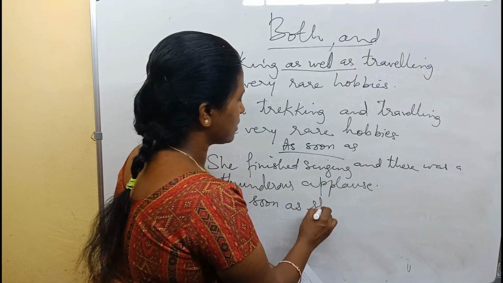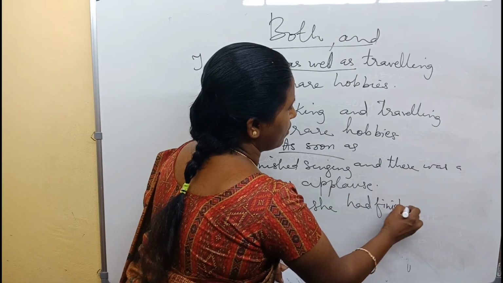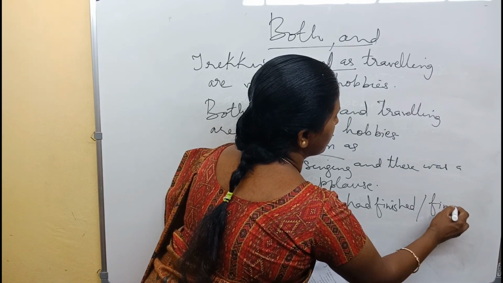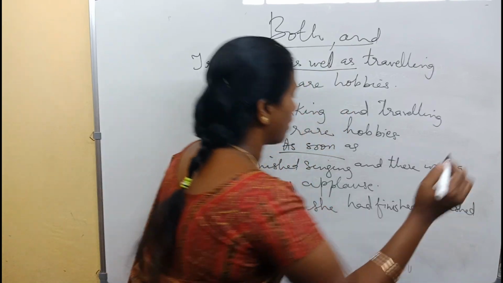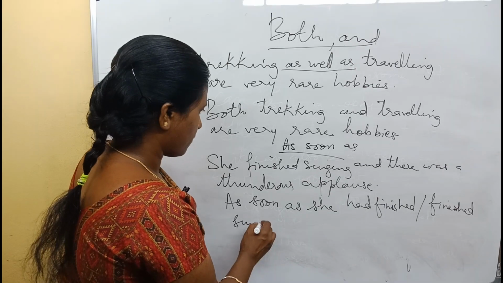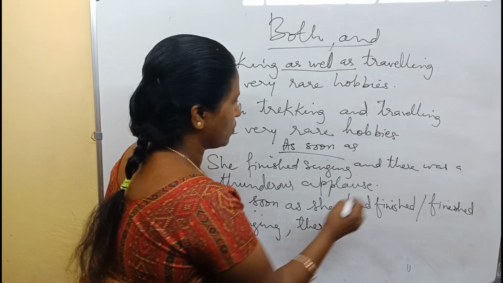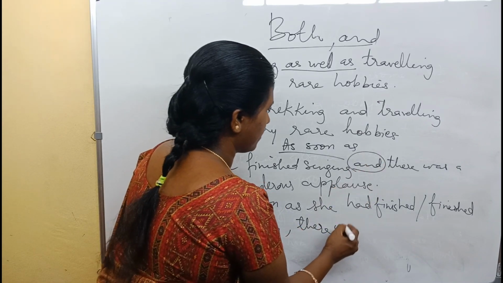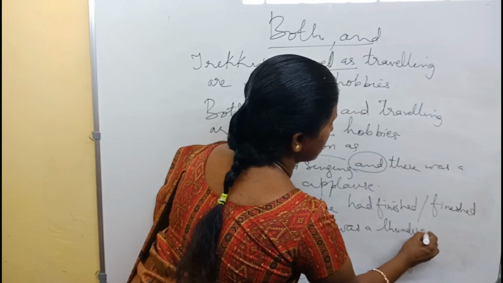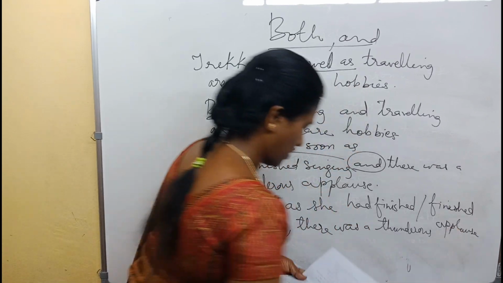As soon as she had finished, also you can write, or she finished, also you can write. Both are correct because it is happening immediately after it. She had finished singing. There was a, okay, you won't write the and. There was a thunderous applause.